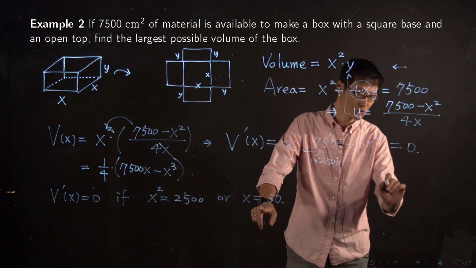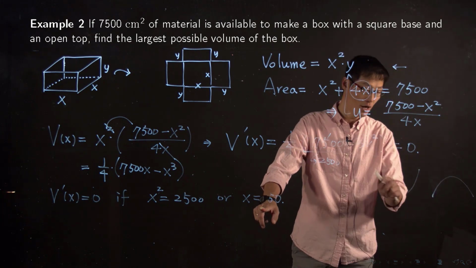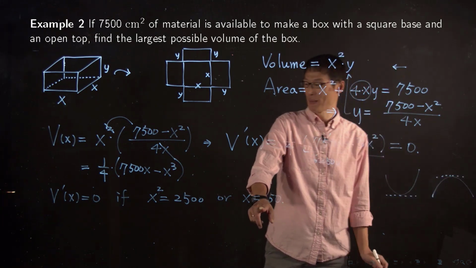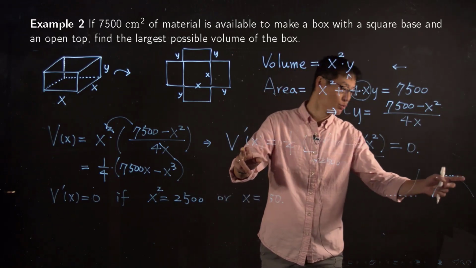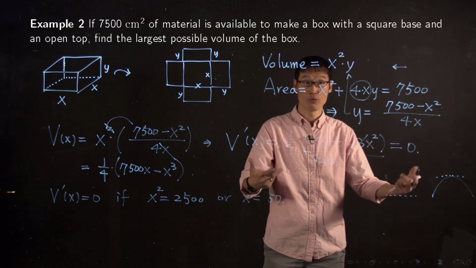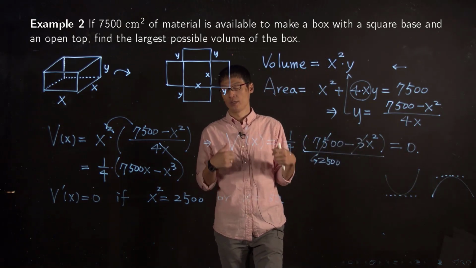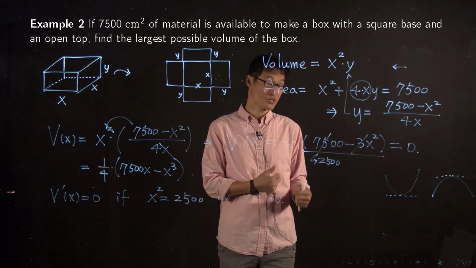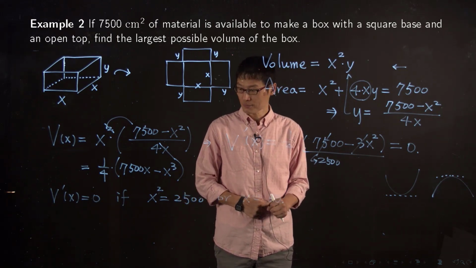So we have two cases, concave up, concave downward. Well, we want to maximize this volume, so we want this case. So that's why we need to use a derivative test, either the first derivative test or the second derivative test.